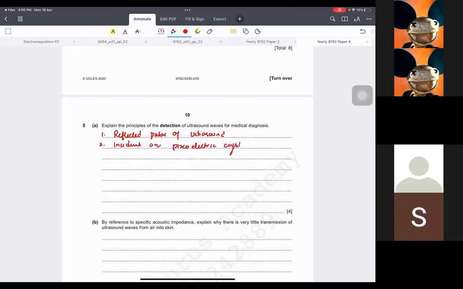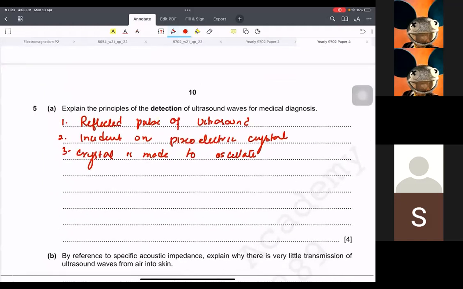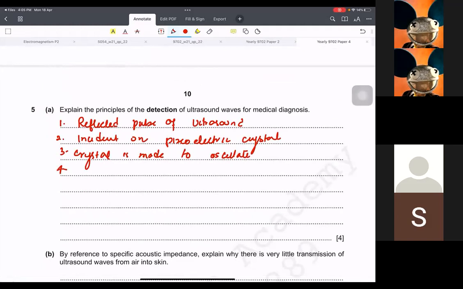You can also write quartz crystal. Third, the crystal is made to oscillate. And fourth, this causes an EMF to be generated across the crystal. So that should be detection.